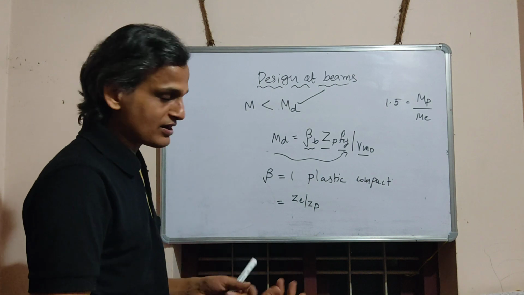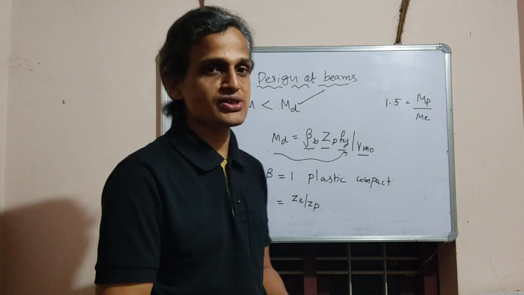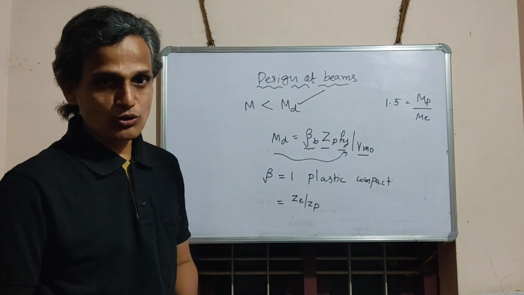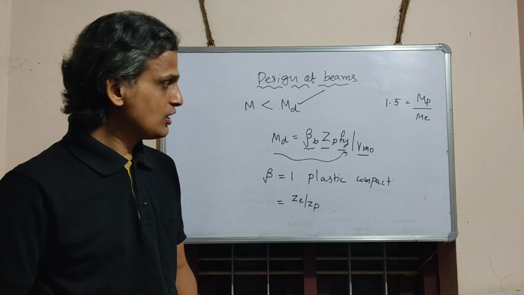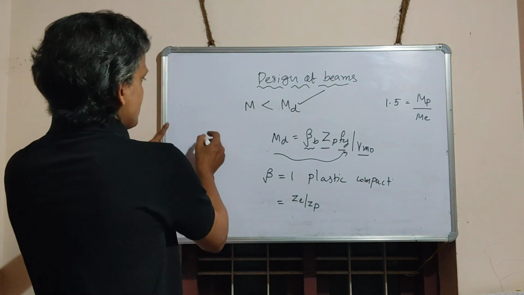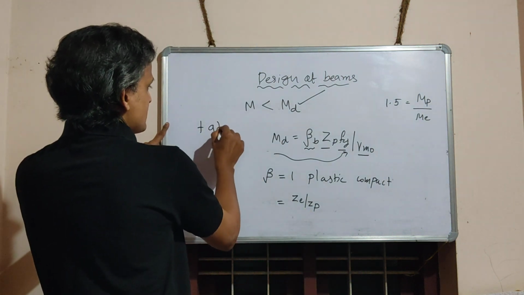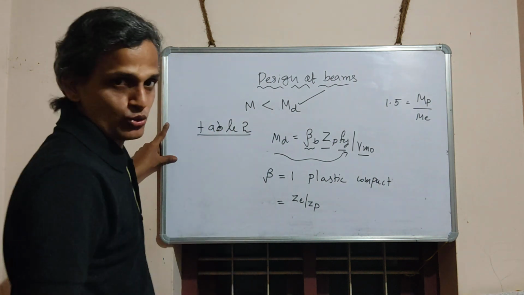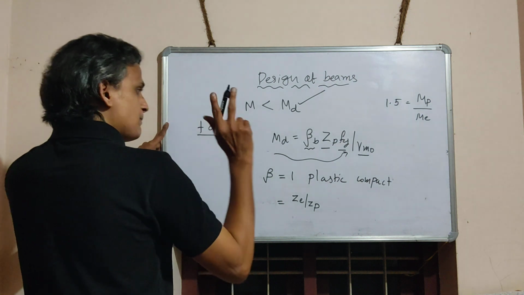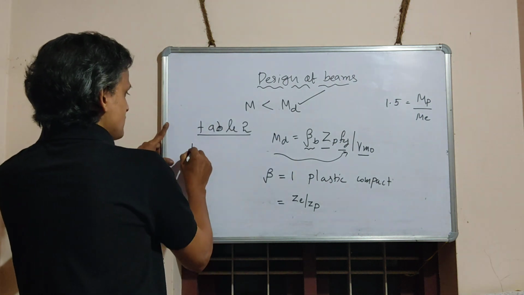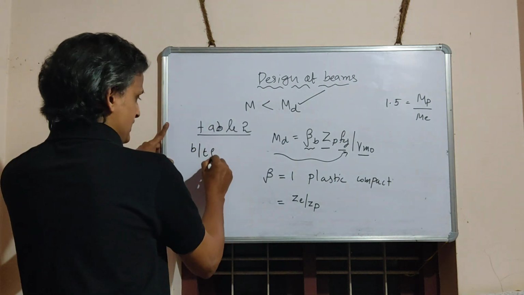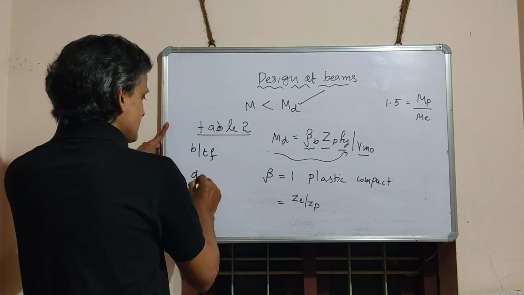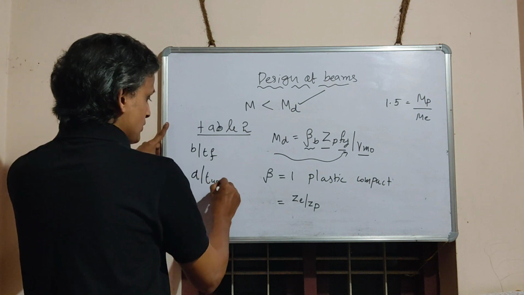Now, how can we understand whether the given section is plastic, compact, semi-compact or slender? For this, in IS 800, there is Table 2. In Table 2, depending upon two factors, the first one is B divided by TF and the other one is D divided by TW.